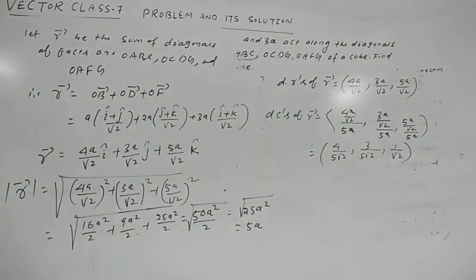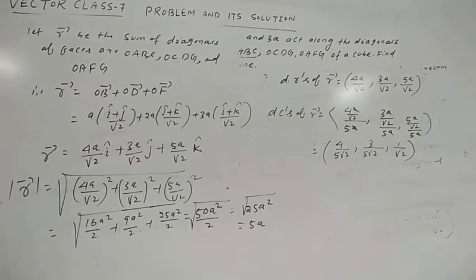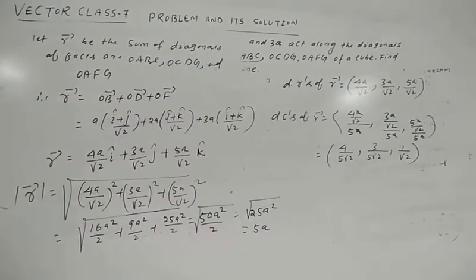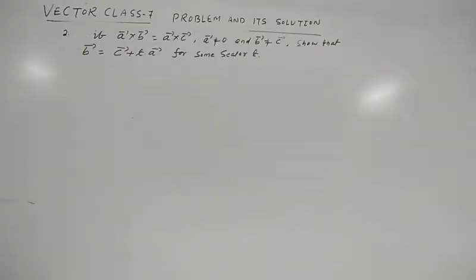So this will be the direction cosine. This is the direction cosine of the resultant of the diagonals of the three faces.